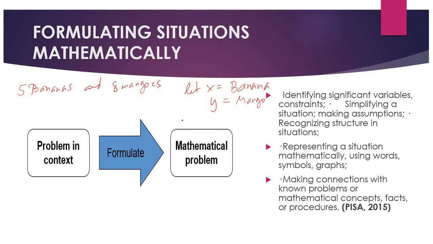So, ang mangyayari, you have 5 bananas, so that is 5x plus, because we are going to have the total, so that technically that is addition. So, 5x plus 8y. Now, bakit y? Kasi we have here the representation for mango that is given by the variable y equals, wala pa, hindi pa natin alam. Pwede natin ilagay dito, equals n. Now, you have your mathematical problem in a mathematical form.